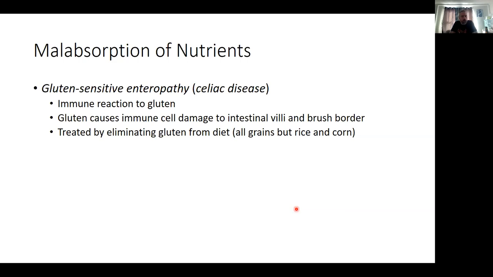What ends up happening is you destroy your intestinal mucosa. And so not only is it incredibly painful, but you also become malnourished as a result of it. You will hear a lot about quote unquote gluten sensitivity. This is not celiac disease. There's actually a fairly large body of evidence to suggest it doesn't exist at all.